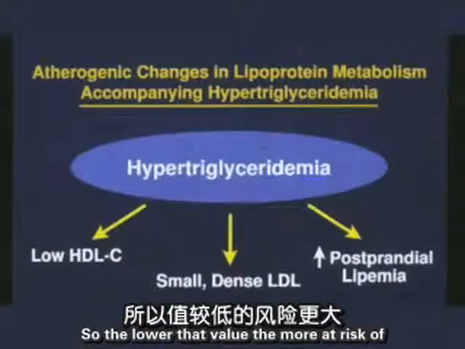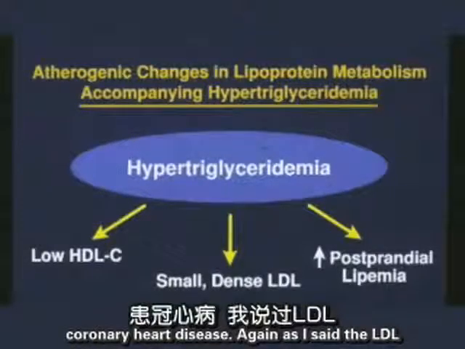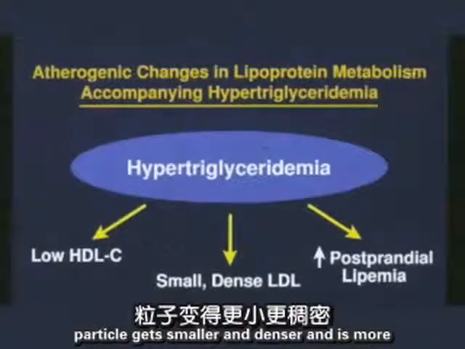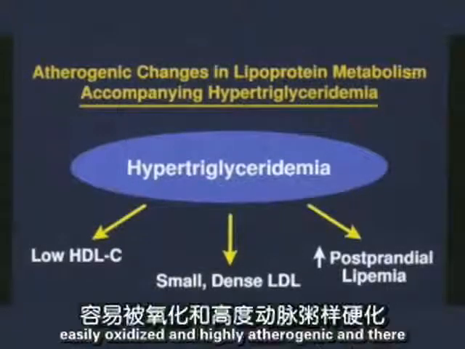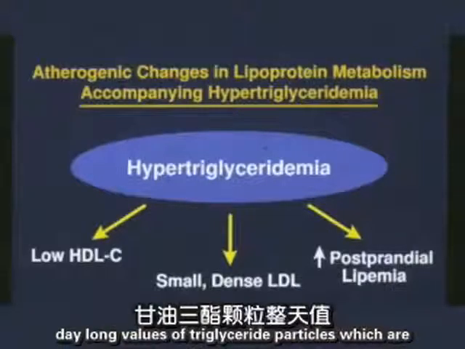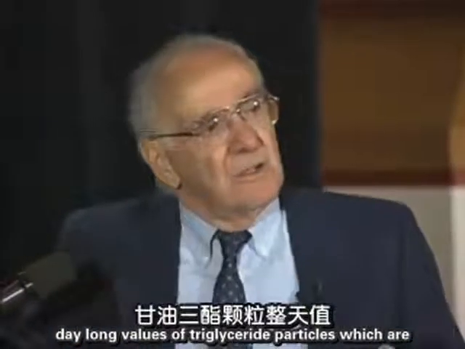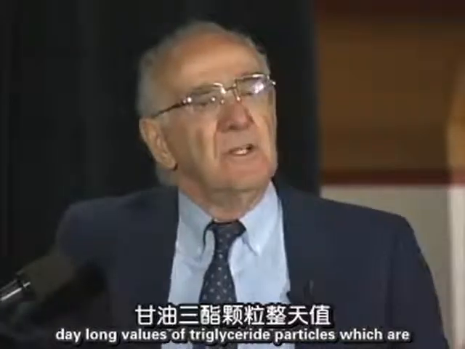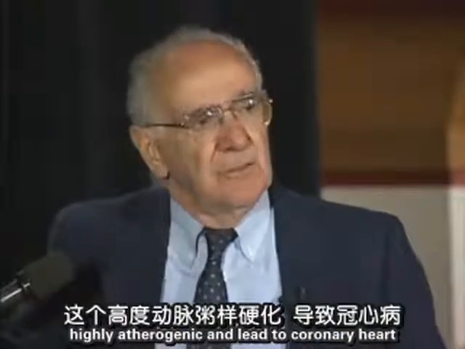So the lower that value, the more at risk for coronary heart disease. Again, the LDL particle gets smaller and denser and is more easily oxidized and also highly atherogenic. And there is this increase in the postprandial, post-eating, day-long values of triglyceride particles, which are highly atherogenic and lead to coronary heart disease.